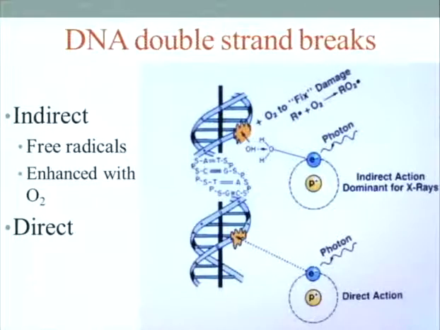That process is much more likely in the presence of oxygen. Oxygen is able to fix that hydroxyl free radical, increase its lifespan, and greatly increase the chance that it interacts with DNA and causes the DNA strand breaks. Ionizing radiation can produce multiple types of DNA damage, single strand breaks, DNA protein adducts, but the lethal form of DNA damage is a DNA double strand break.